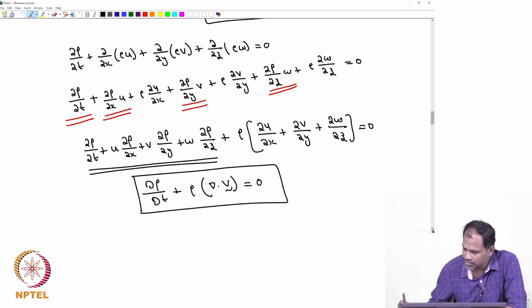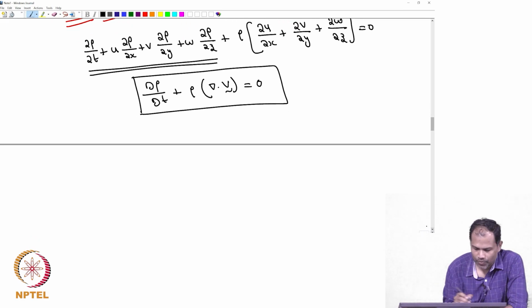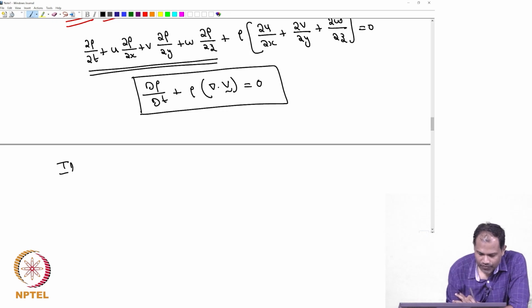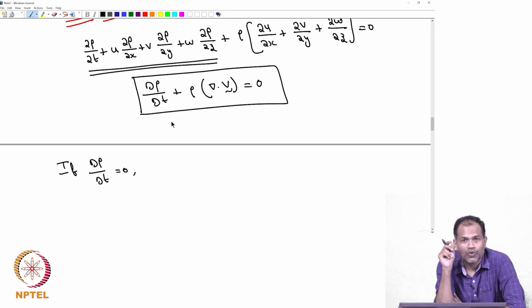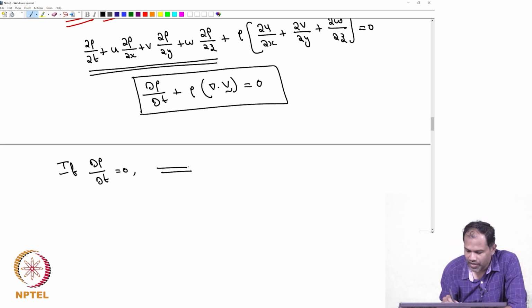One good thing is that when you write it in this form, if d rho by dt is equal to 0, that means the substantial derivative of rho is 0. So, if you are following a fluid element and its density does not change, then d rho by dt would be 0, in which case you get divergence of V is equal to 0.